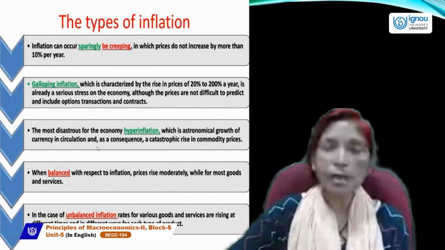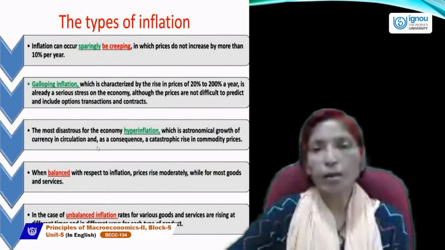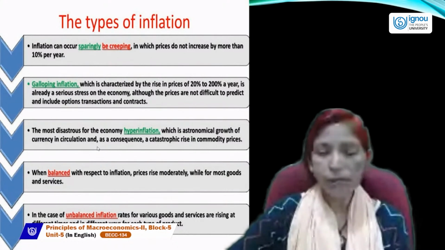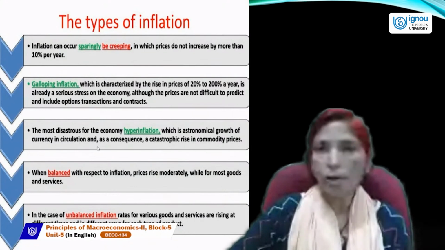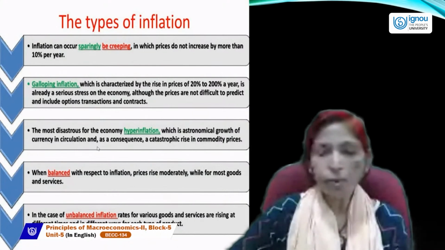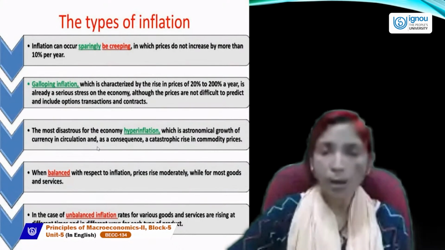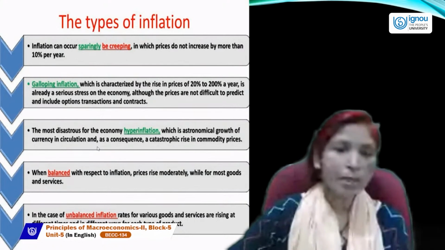Hyperinflation is a very bad situation for all the economies of the world. When balanced with respect to inflation, prices rise moderately or at a medium level for most goods and services. That growth of price level is called moderate growth or moderate inflation.